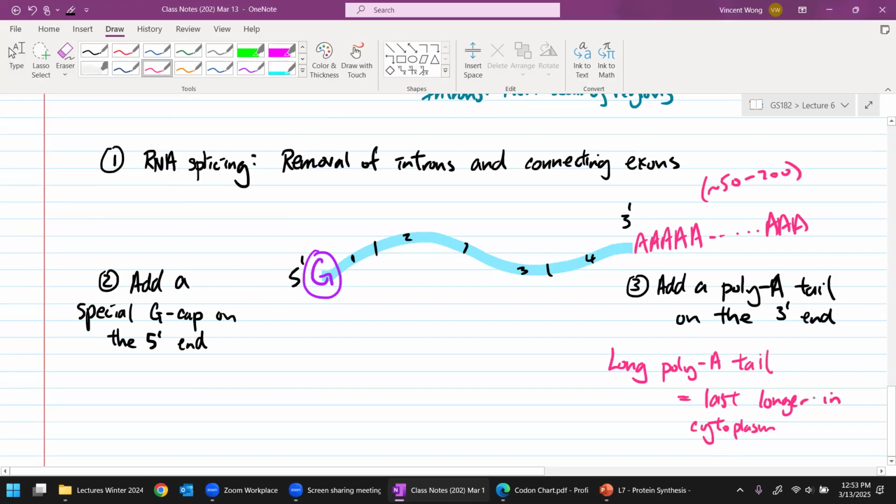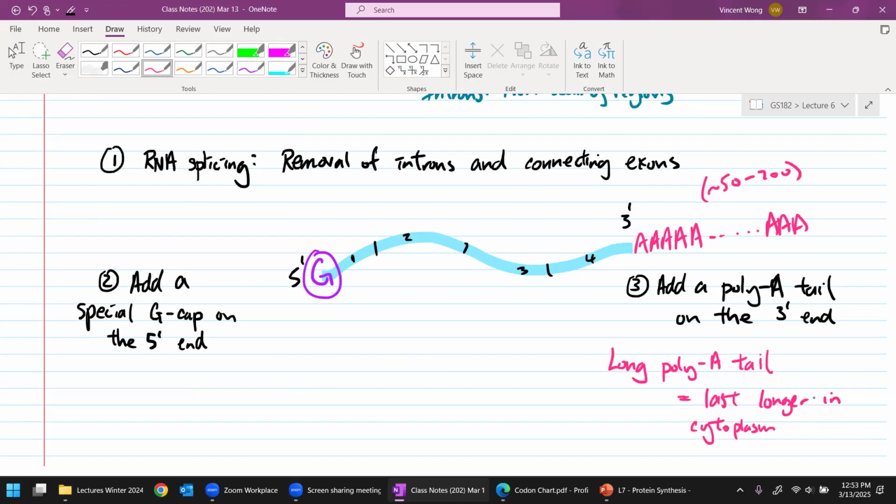But remember, this is just a copy of the actual gene. You don't necessarily have to make this protein forever. In fact, sometimes you will want to make the protein just for the next hour, or maybe for a day or 2. So the length of the poly A tail will help control how long this RNA is going to be in the cytoplasm.